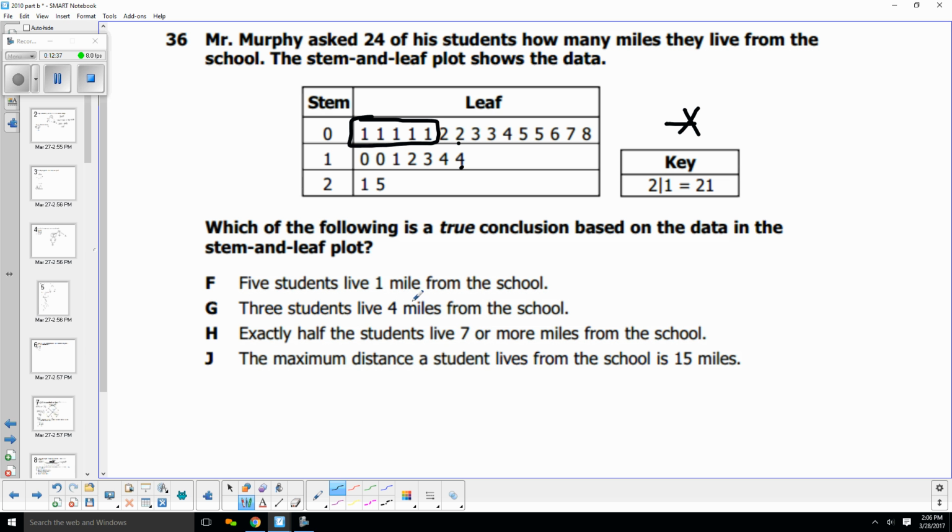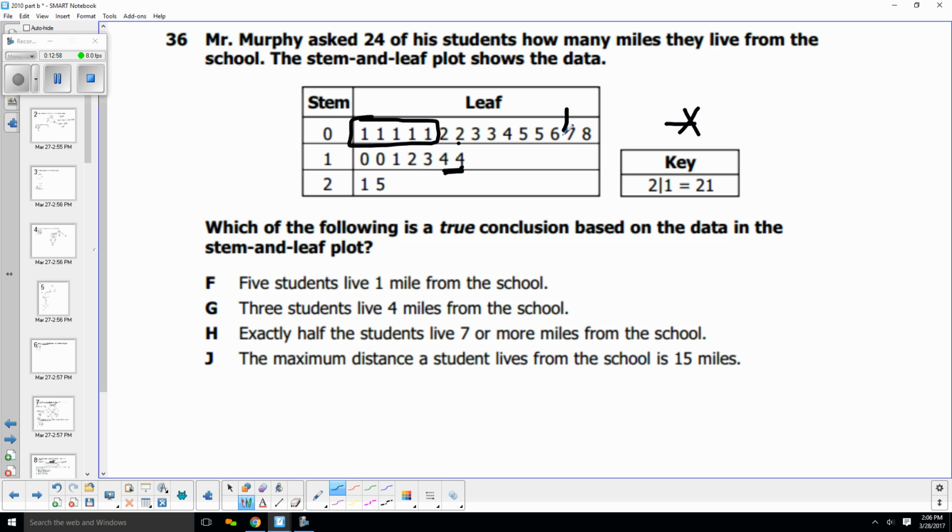It says 3 students live 4 miles from school. How many students live 4 miles from school? 1. Well, what are these 2 4s representing? 14. So there's only 1 that lived 4 miles from school. Exactly half of the students live 7 or more miles from school.